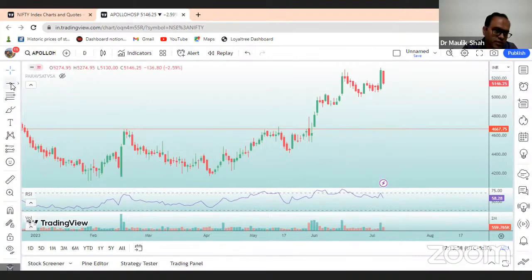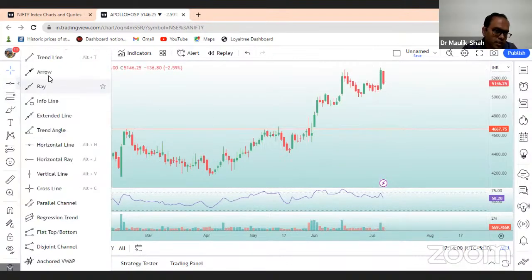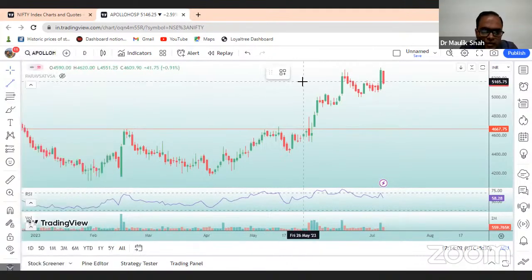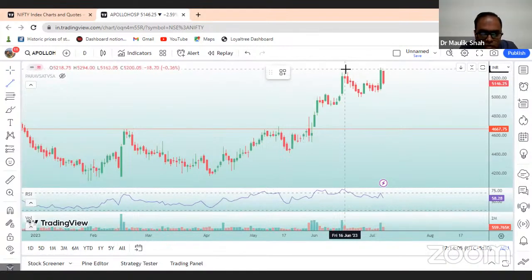See here, we can see the negative divergence playing out. So here if we plot, this is the lower price over here, and this was a high.